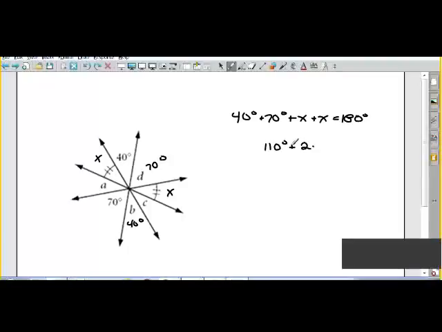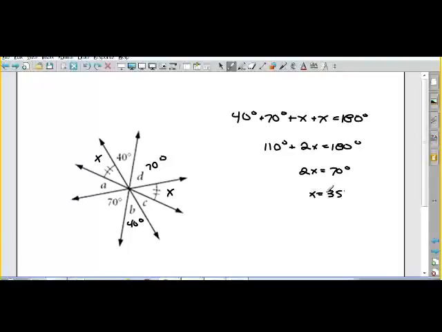So by doing that, we can then combine like terms. We can subtract 110 from both sides, and then we can divide by 2, so we get X is 35 degrees. So this is 35, and this is 35.